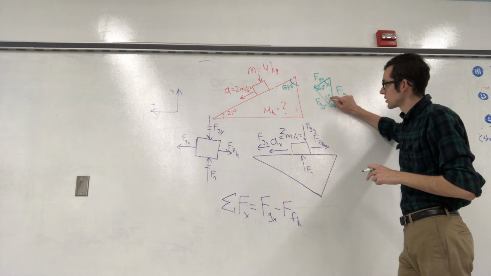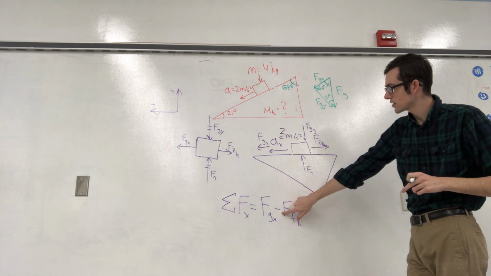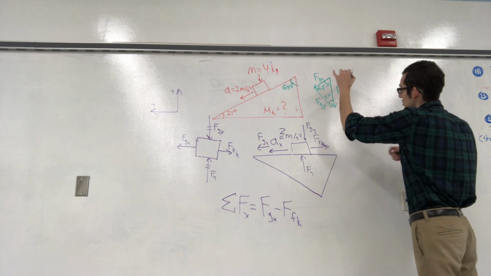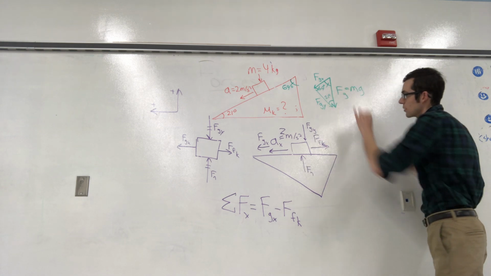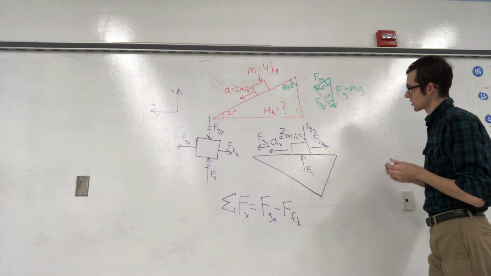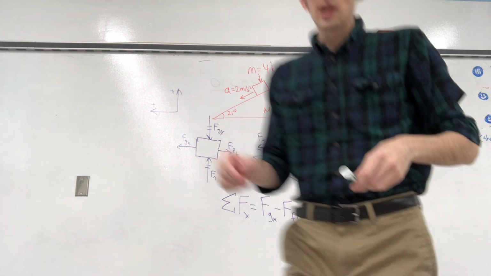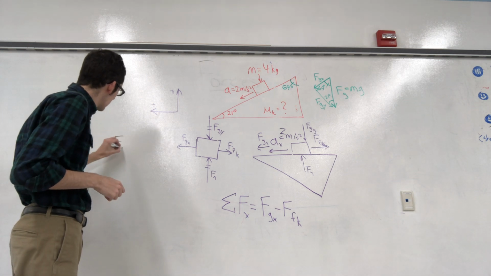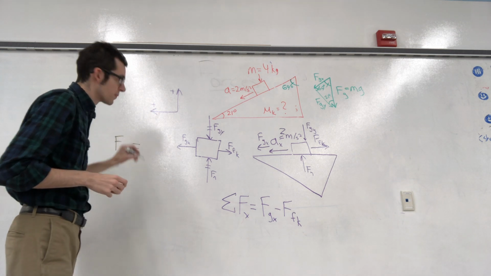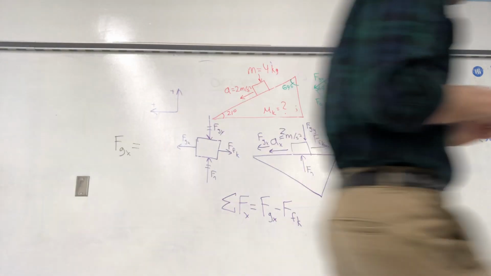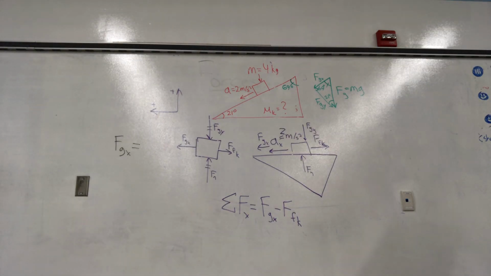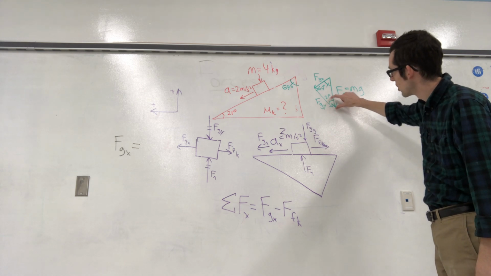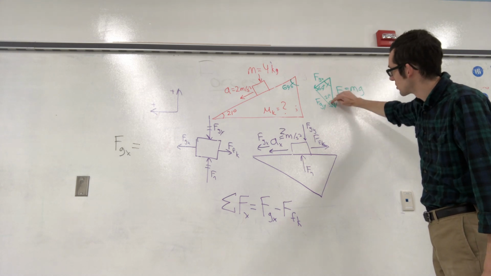So if we know this is 21 degrees, we can now write FGX in terms of the total force of gravity, which of course we know is just mass times the acceleration of gravity, 9.8 meters per second squared. So over here in black, I'm going to say that FGX is equal to the sine of 21 degrees, because here's our angle of 21, and FGX is opposite to that 21 degree angle.